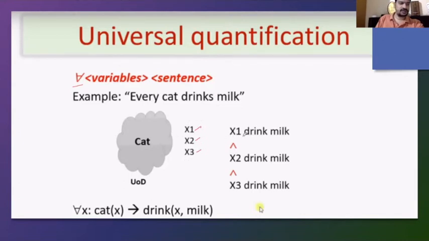You can write it for one cat: x1 drinks milk, meaning x1 is a cat which drinks milk, x2 is also a cat who drinks milk, and x3 is also a cat who drinks milk. When we do the AND operation, it means it is applied for all. So how can we write this in the form of the universal quantifier? We write the universal quantifier and the variable, and the variable is your x.